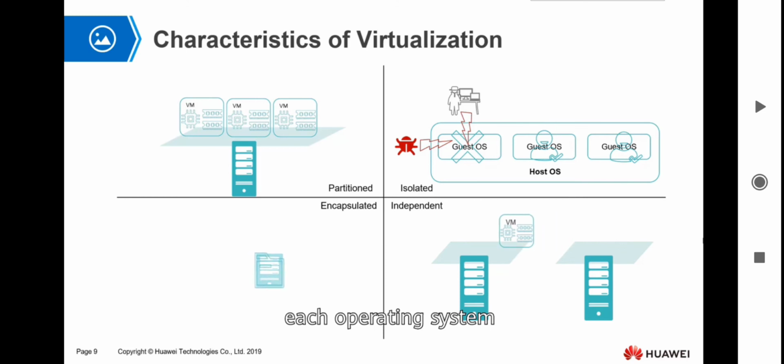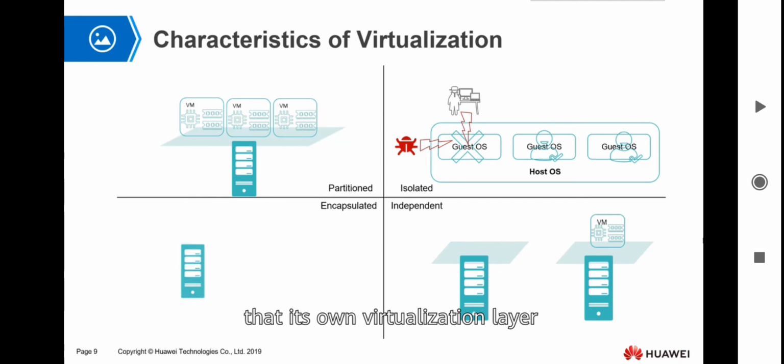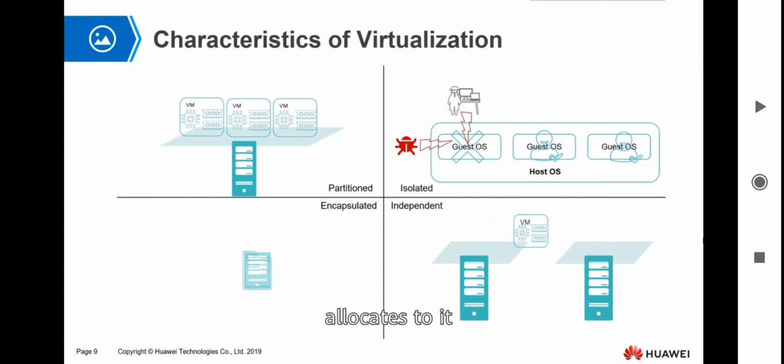Moreover, each operating system can only see the resources that its own virtualization layer allocated to it, such as CPU, memory, the network card, hard disk, and so on.